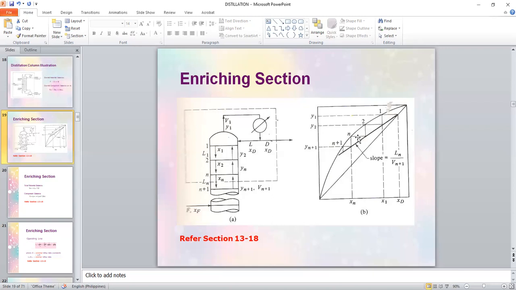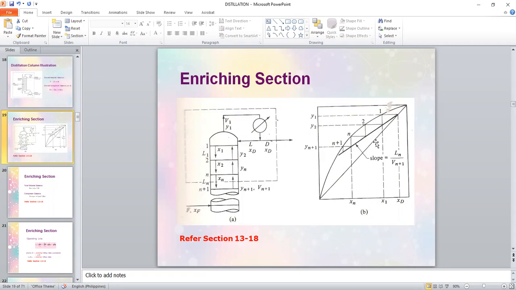But it is certain that you need two pieces of information about that line. So in this case, the information that we'll be using starts with the X sub d. You project the value of the mole fraction of the distillate from the horizontal axis up until you reach the 45-degree line.